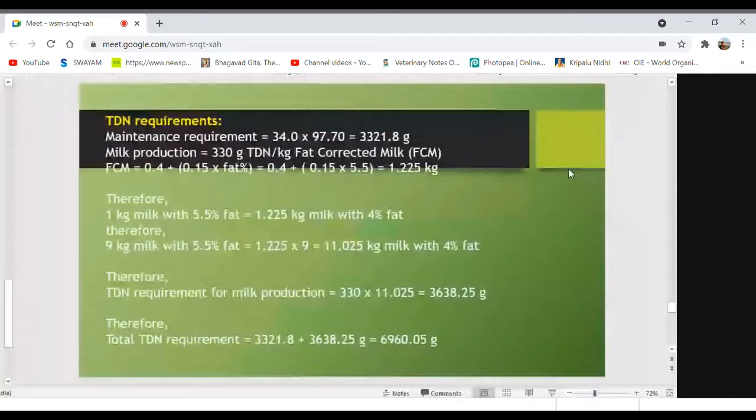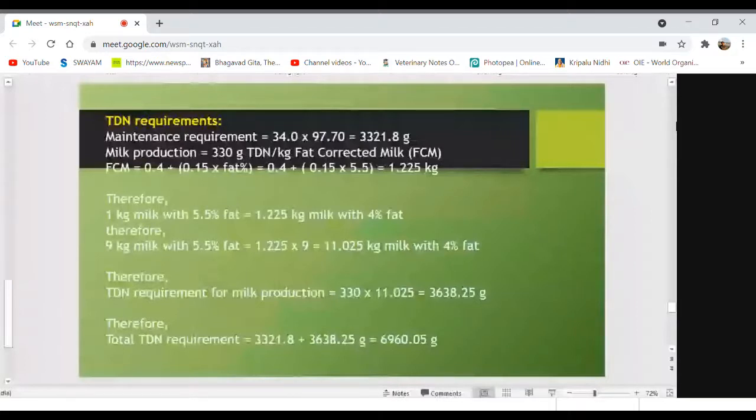Of course, there will be need of some energy for growth, but since growth will be very minimum and practically there will not be any growth during the lactating period, we can ignore that requirement. So the total requirement will be maintenance requirement plus requirement for milk production. These two will be the main requirements for the lactating animal.